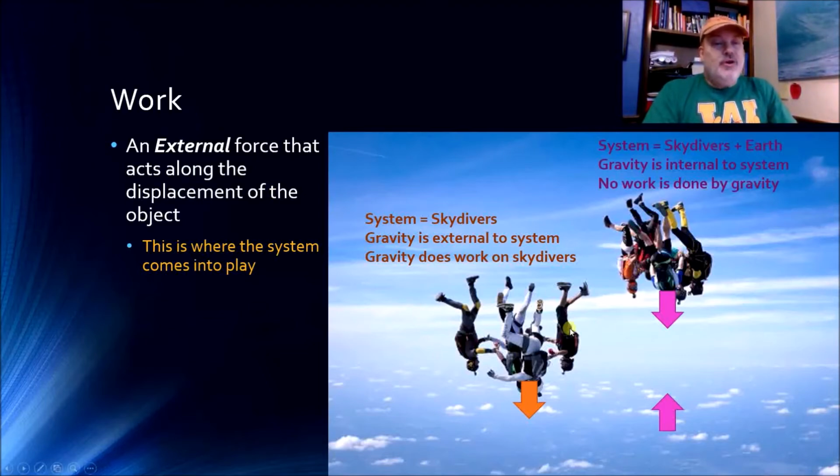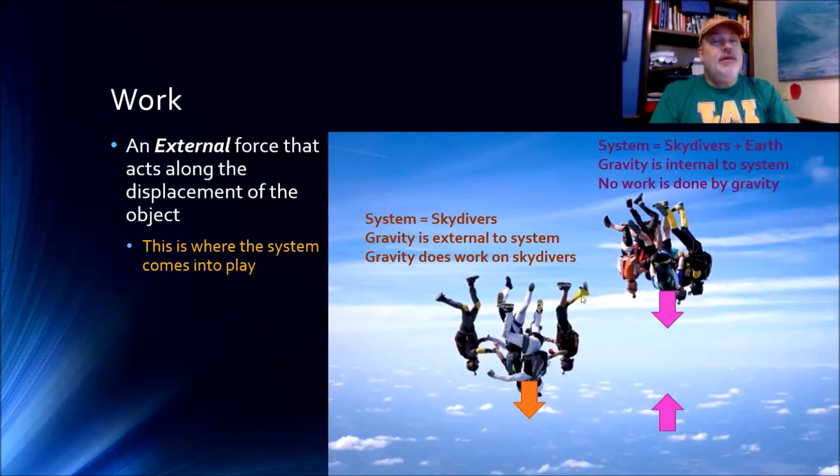So here is a bunch of skydivers. This group on the left, the system is just the skydivers. I get to choose what I want the system to be. If the system is just the skydivers, the Earth and gravity are external. So gravity is an external force pulling them down. They're moving down, so that force will be doing positive work on the skydivers, making them speed up.